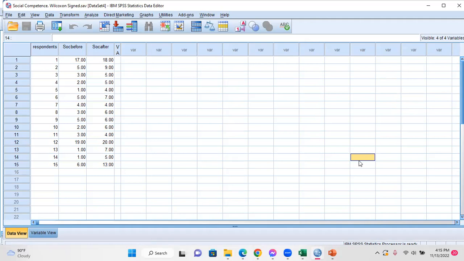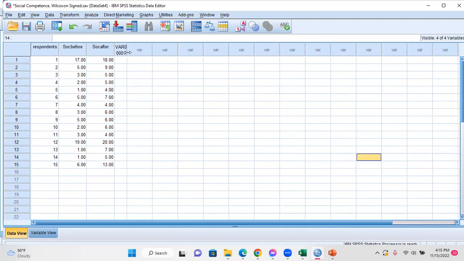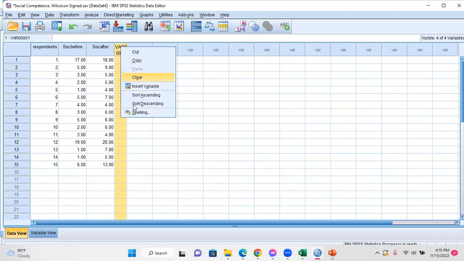Sige, hinayon na nato, ha? Wait lang, tanggalin ko to.